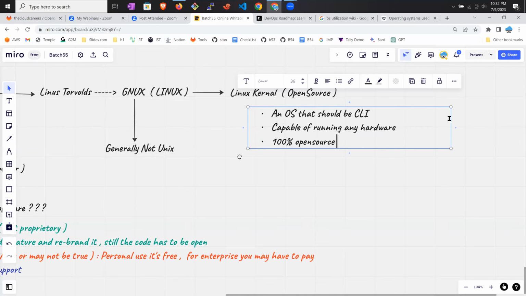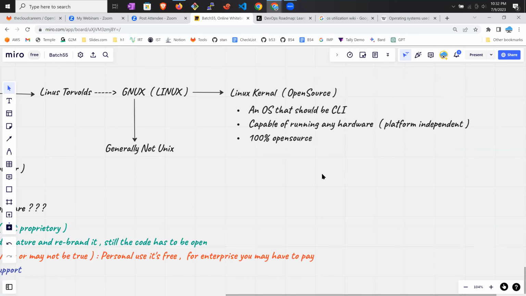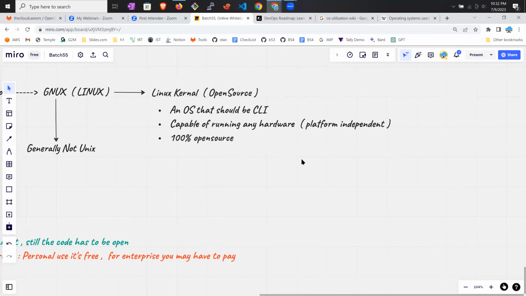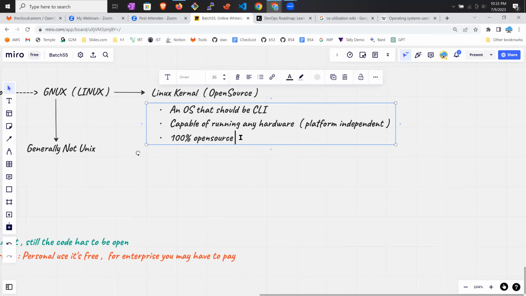Capable of running on any hardware can also be referred to as platform independent. These are the three points he kept in mind when he started the open source project called the Linux kernel, in 1990 or 1985.